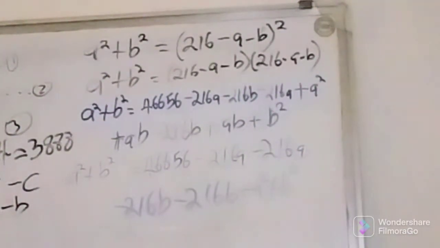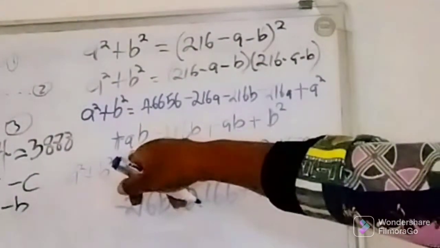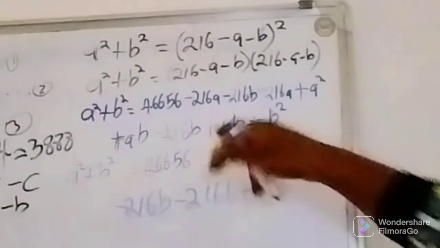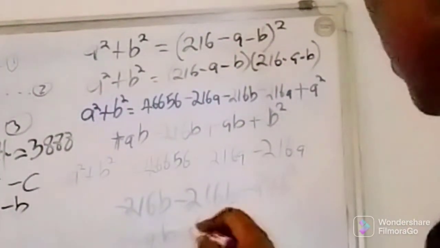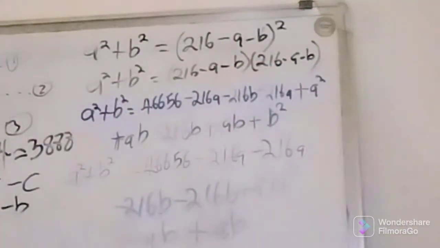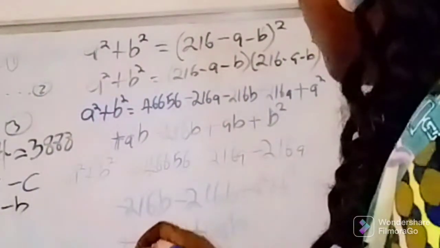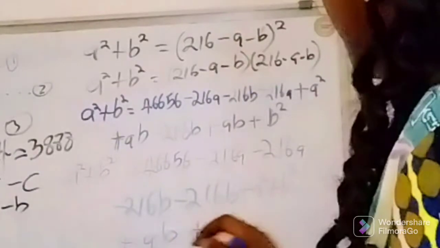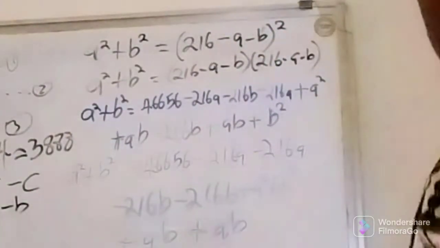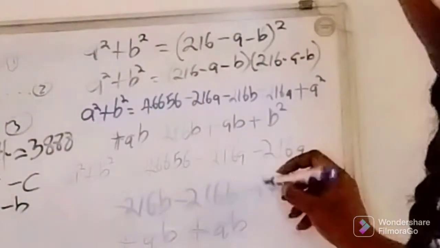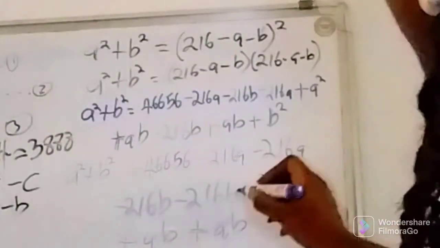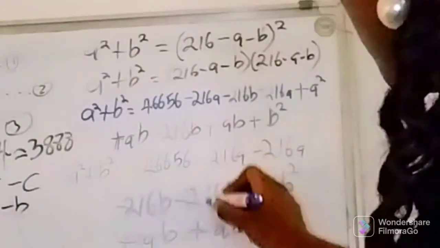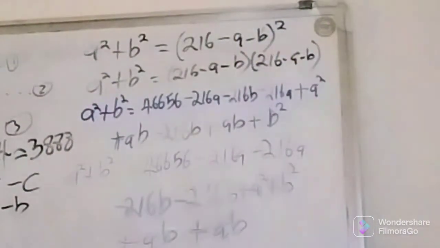Then we also have plus ab plus ab plus ab plus ab. Don't worry, it looks long, but it's going to be very easy to crack. Okay, let me write this clearly.